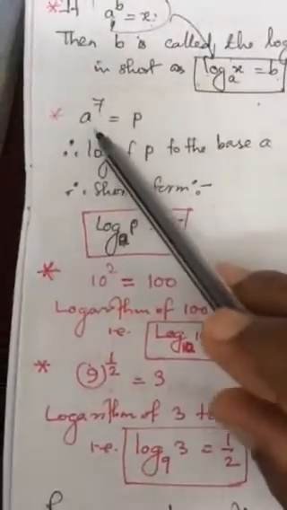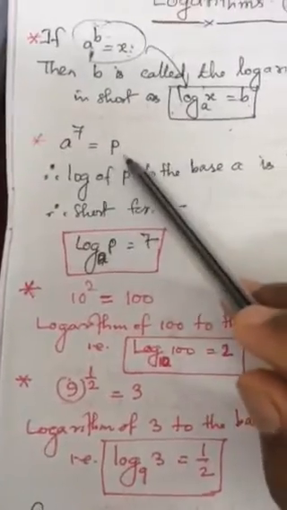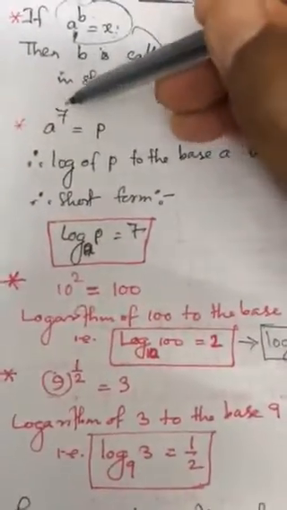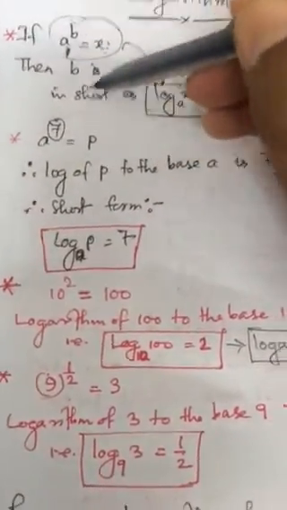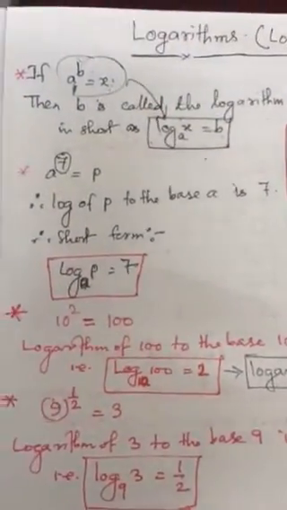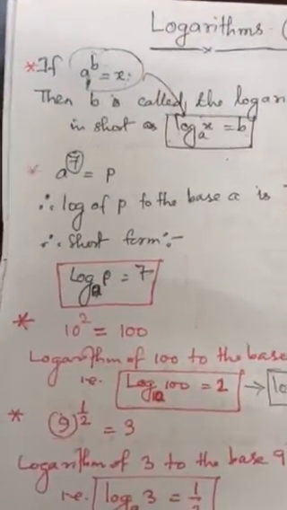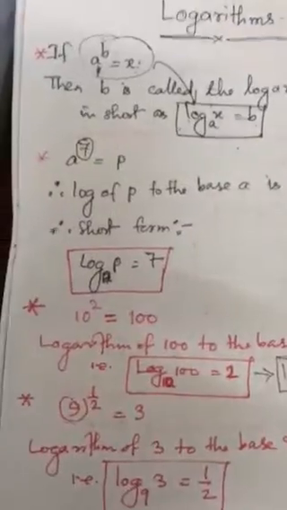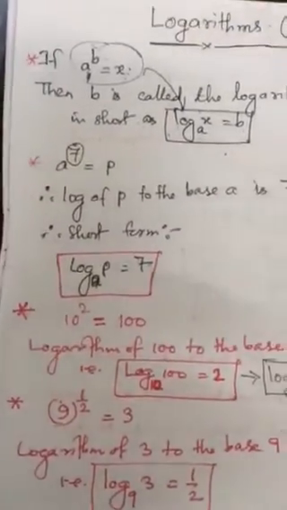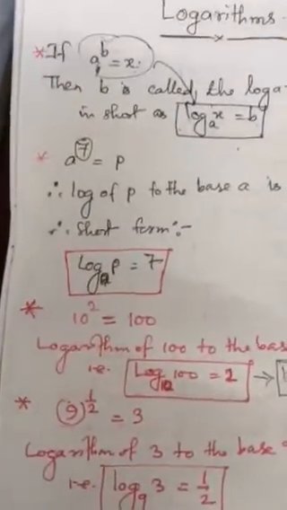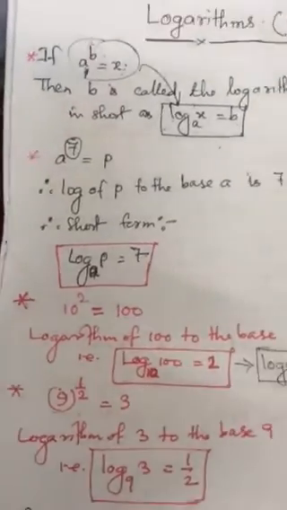Another example: a to the power 7 equal to p. This 7 is the exponent, and we know that logarithm means exponent. Logarithm directly means the exponent of a particular value to a particular base.